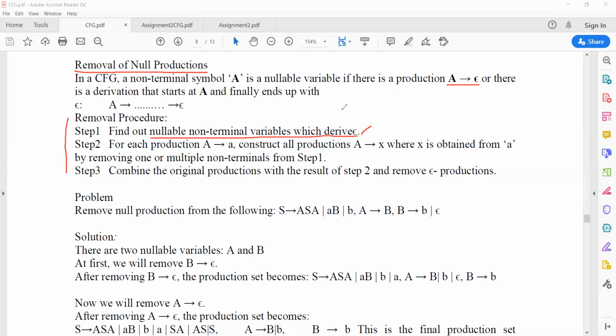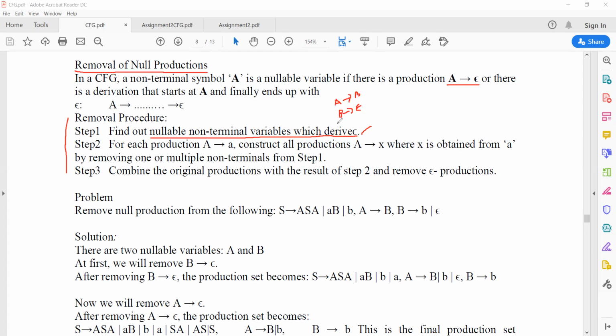I have to find that maybe A is not directly nullable. Maybe A produces B and B produces null. So the first one is a unit production, and B produces null.